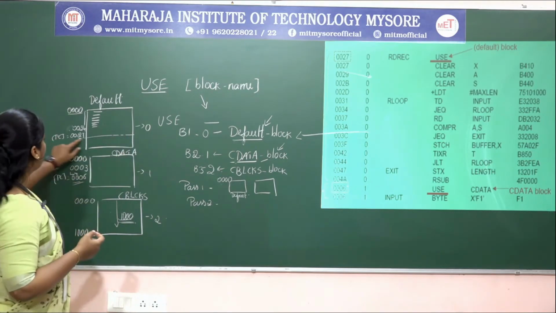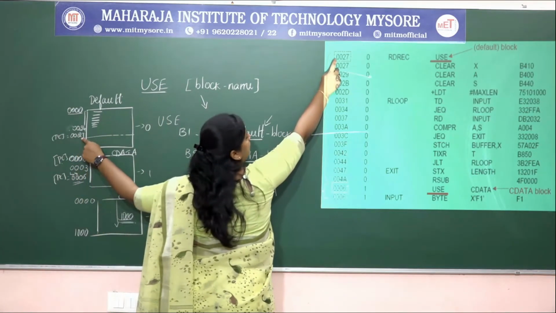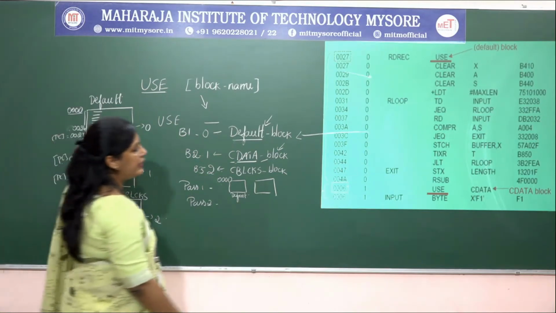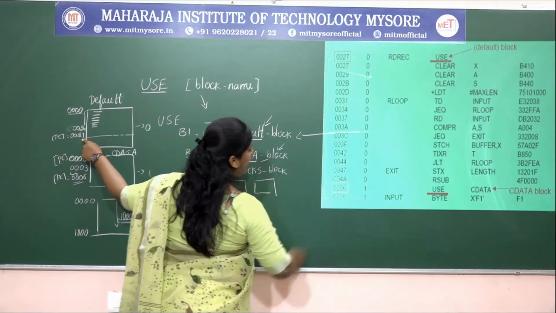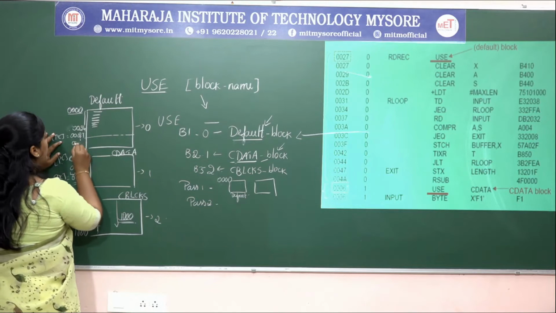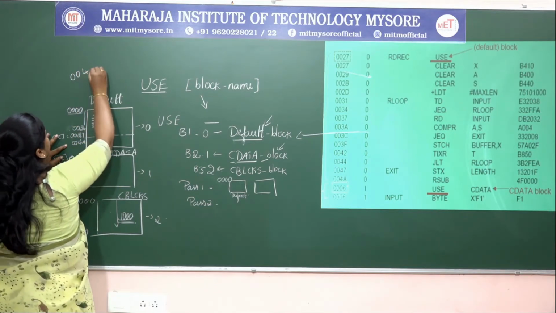It resumes from memory location 0027, as you can observe. From 0027 it keeps copying until 004A.